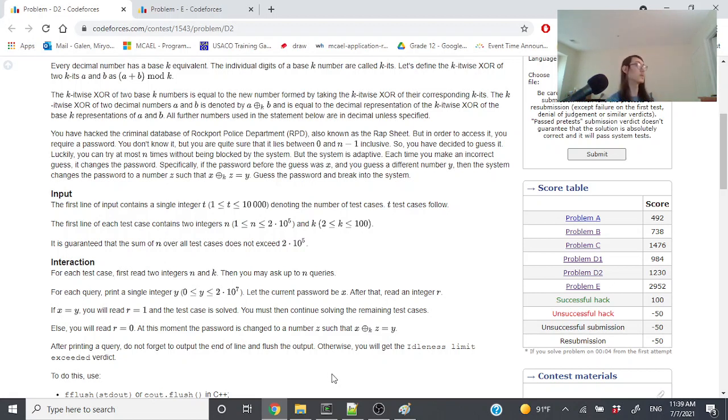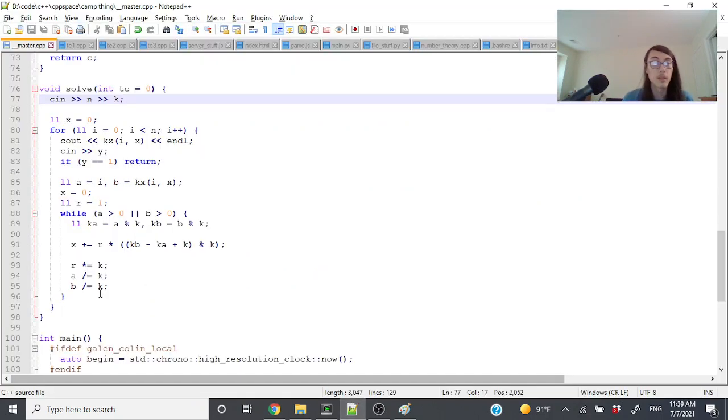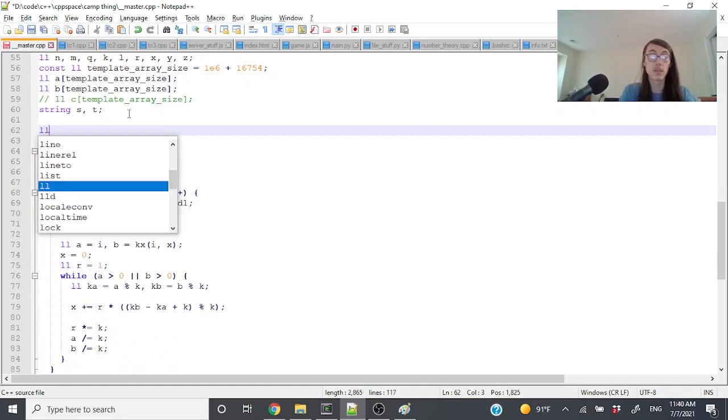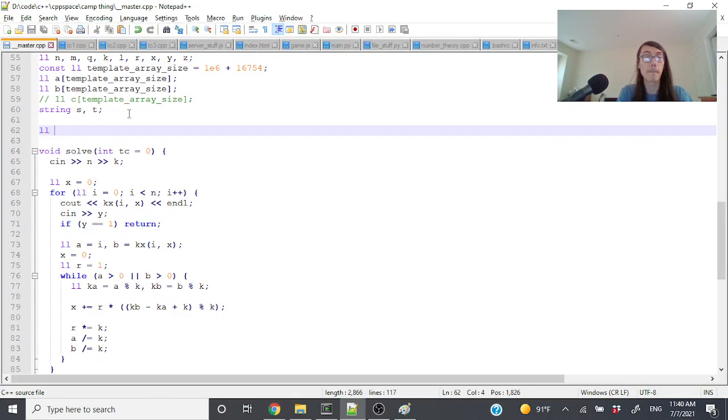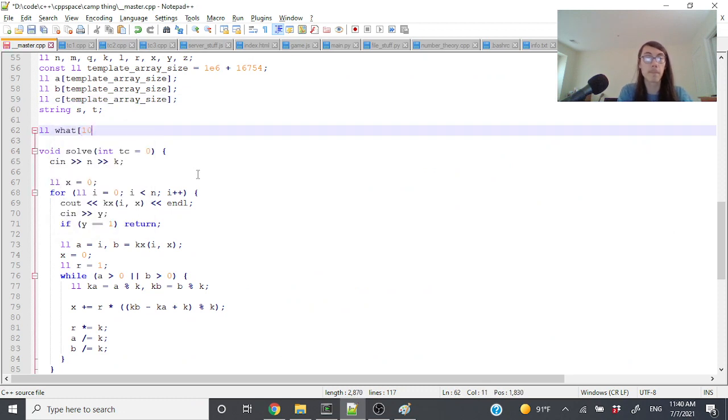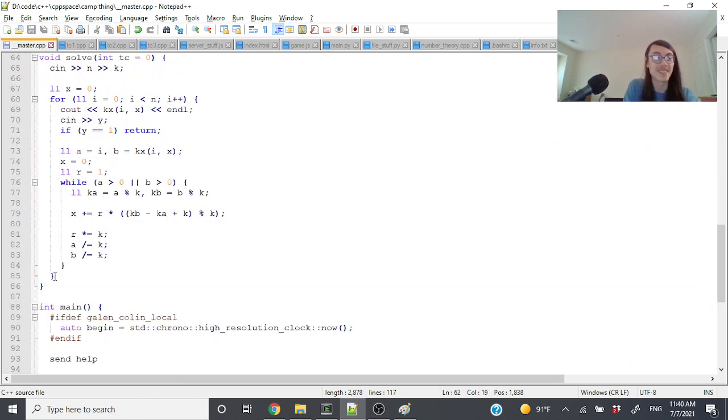And then we want to figure out what if the password was initially i, then we construct the answer from there. Okay, I guess that would work. Just call it what? I don't know.